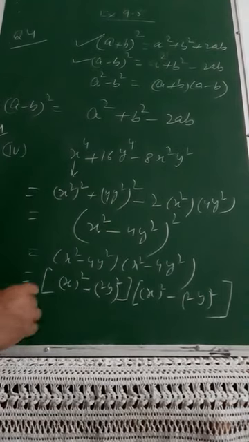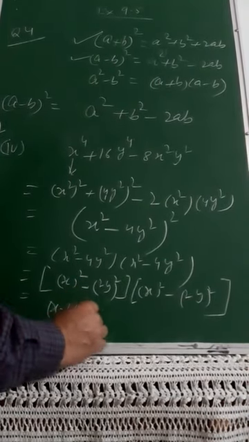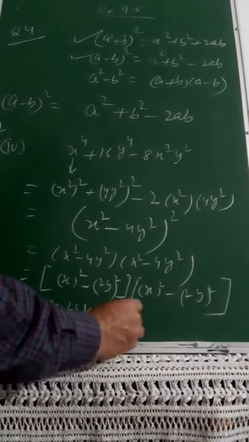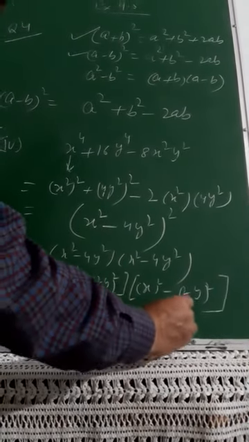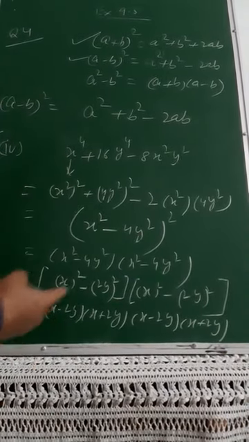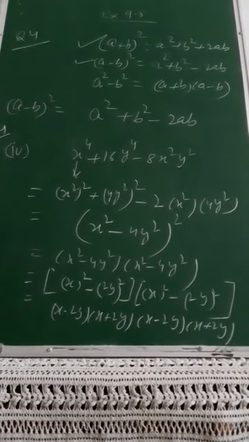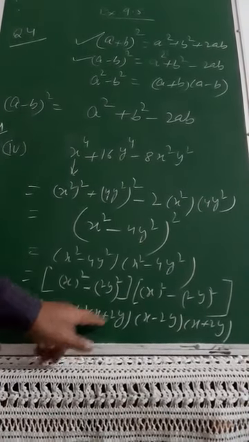Now this is a square minus b square, which means (x minus 2y) into (x plus 2y). Again it is (x minus 2y) into (x plus 2y), because the power is 4, so it can be multiplied 4 times. So your answer will be (x minus 2y) into (x plus 2y), (x minus 2y) into (x plus 2y).